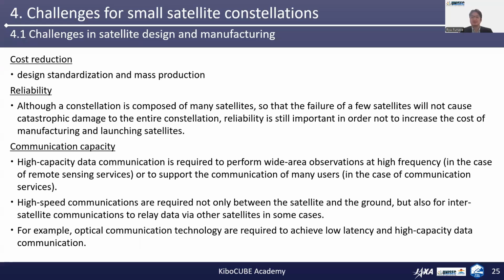In such cases, high-speed communication is required not only for communications to the ground but also, in some cases, to relay data between satellites. As an example of a technology that achieves high-speed, low-latency communications, optical communication instead of RF-based communications has recently been required.